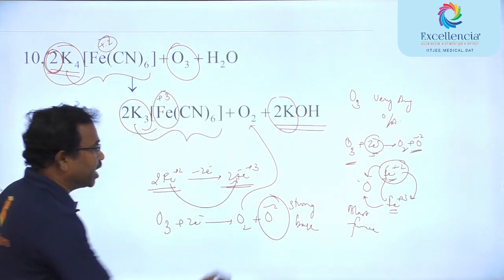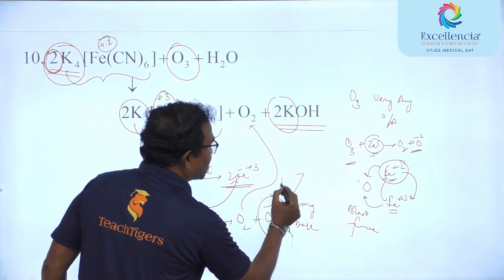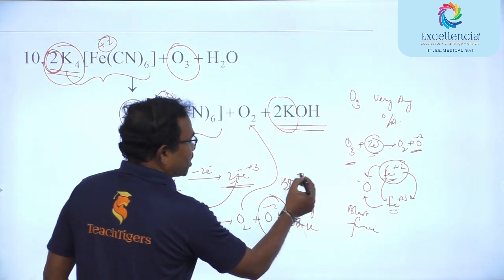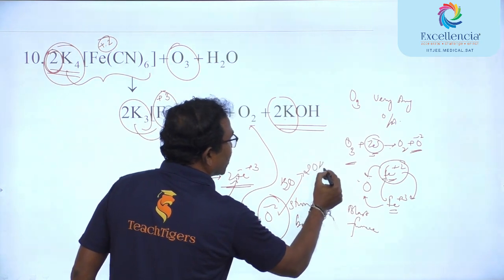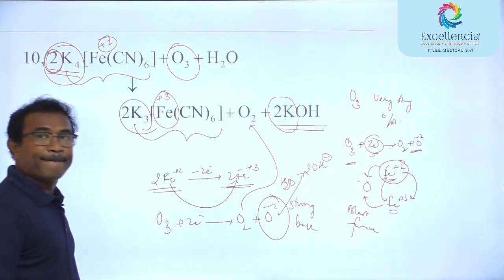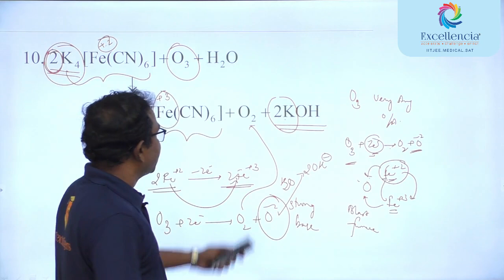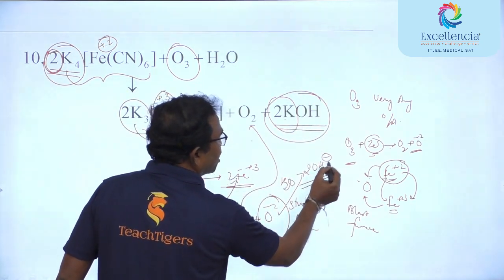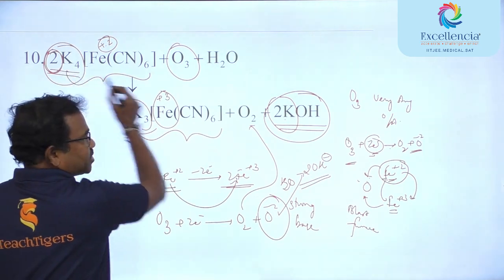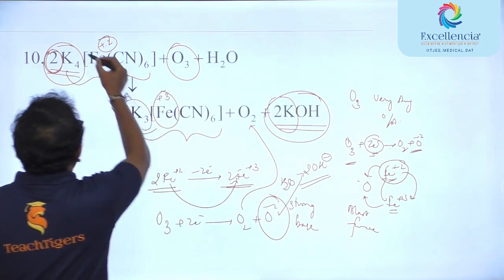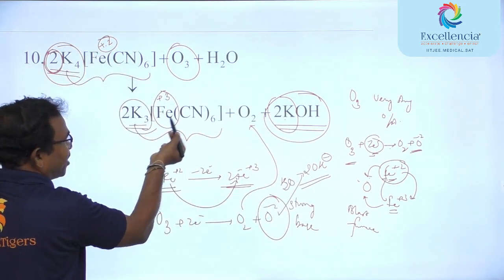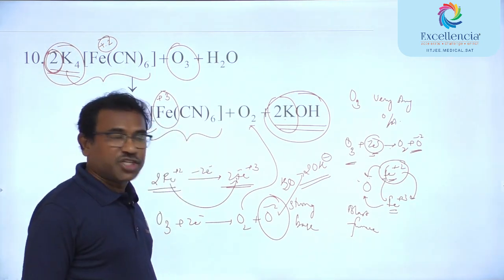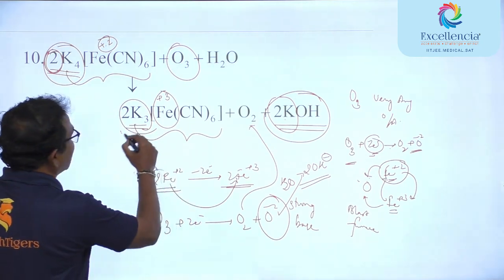It immediately reacts with water, picks up protons, and therefore gives you 2 OH minus. That is how KOH is formed. So 2 OH minus need 2 K plus. Therefore, this 2 K plus, and the rest of the 6 are left here, and definitely ferricyanide needs only 3 potassiums per mole, and all the 6 are utilized here.